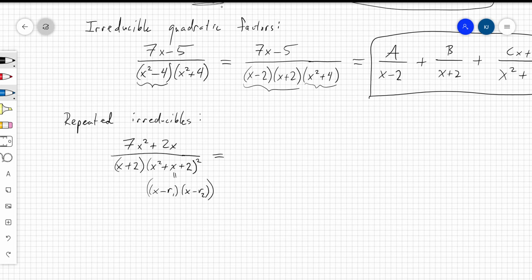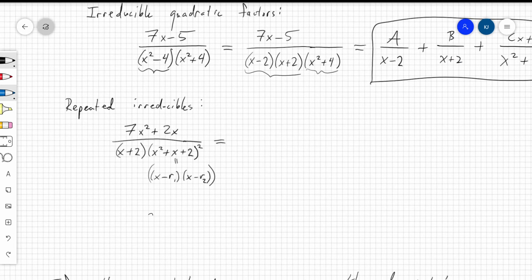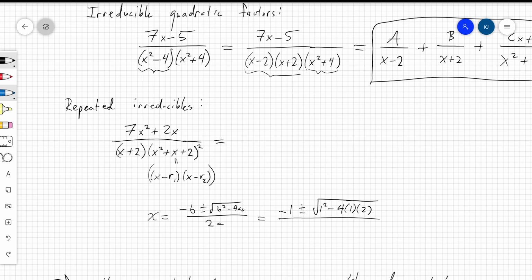In order to figure out the roots of that quadratic, I would need to use the quadratic formula. So I would have that x is equal to negative b plus or minus the square root of b squared minus 4ac all over 2a. And in this case, that would be negative 1 plus or minus the square root of 1 squared minus 4 times a is 1 and c is 2, all over 2 times a.